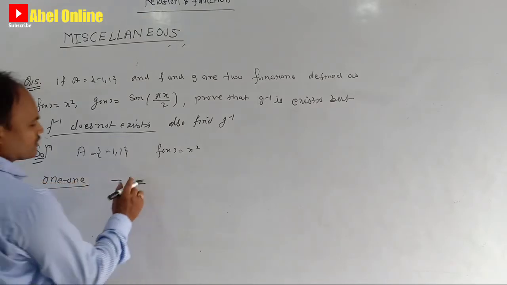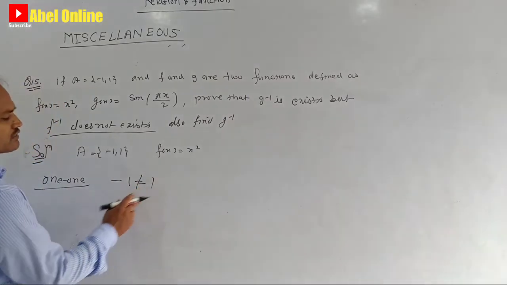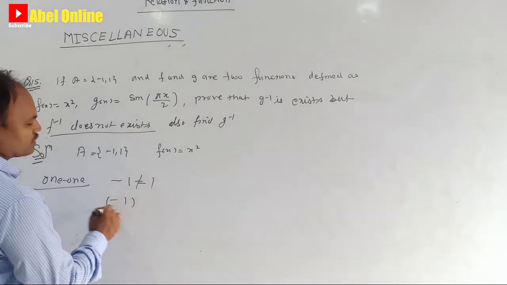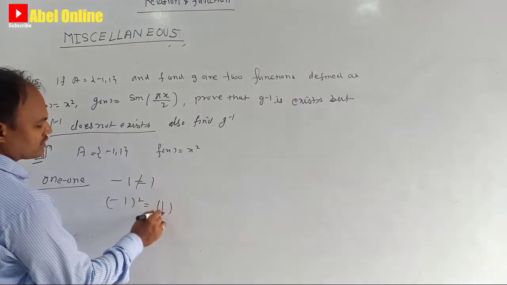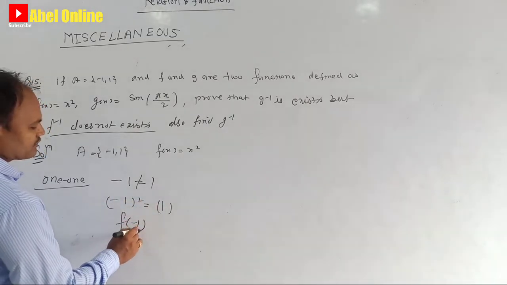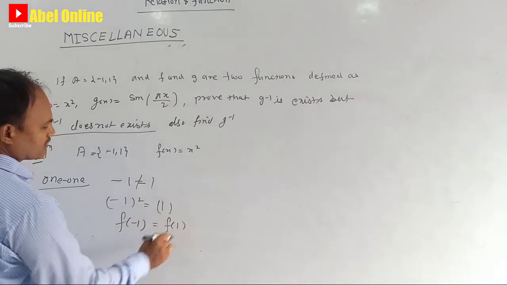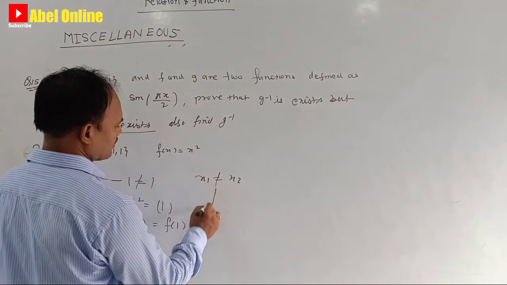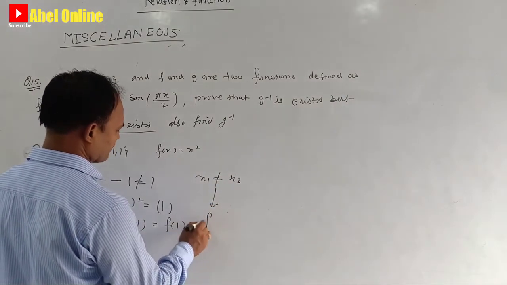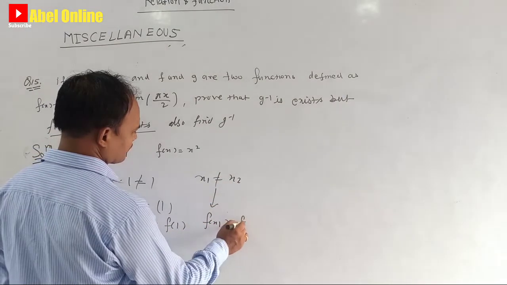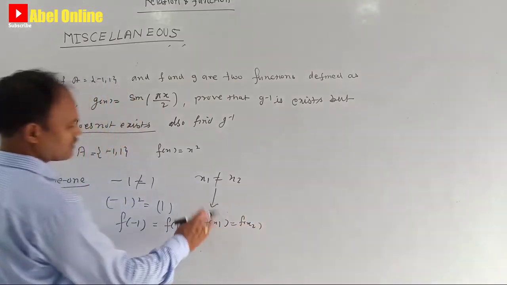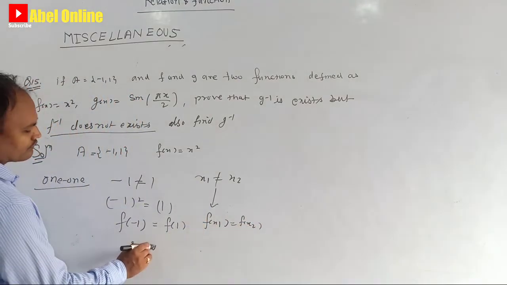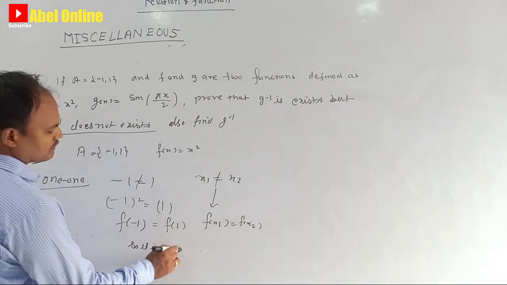Take x1 = -1 and x2 = 1. We know that -1 is not equal to 1, but f(-1) = (-1)² = 1 and f(1) = 1. So x1 is not equal to x2, but f(x1) is equal to f(x2). So it is not one-one.